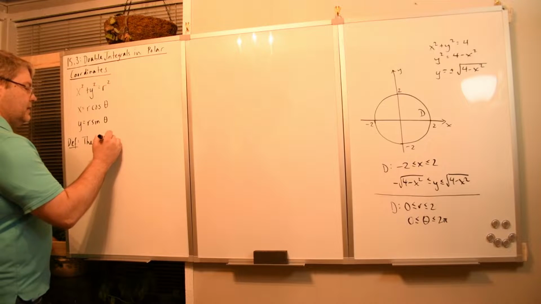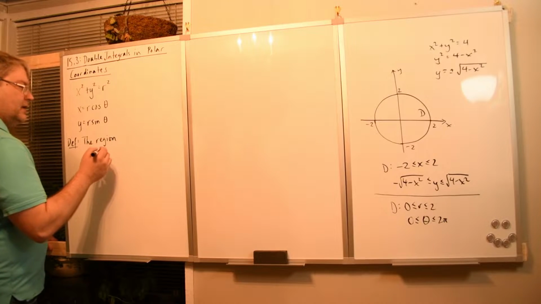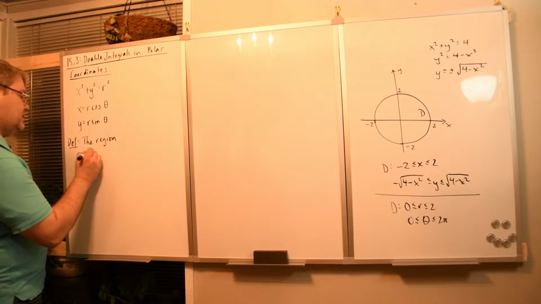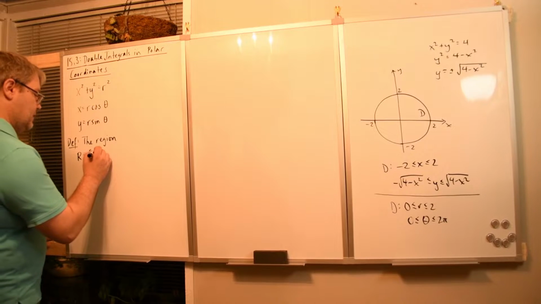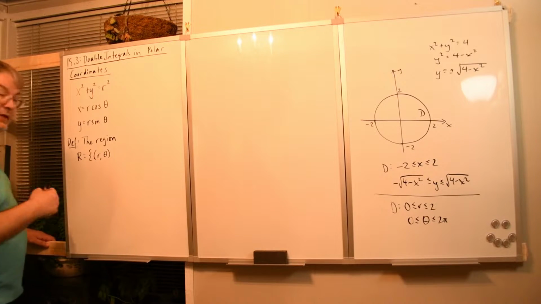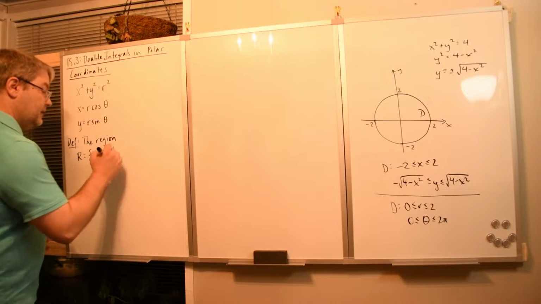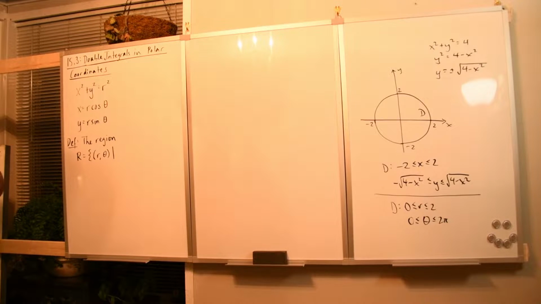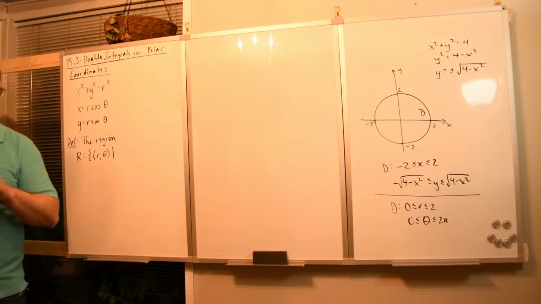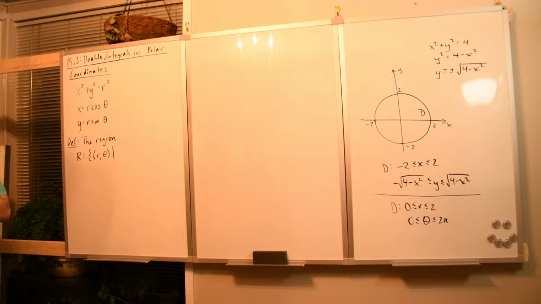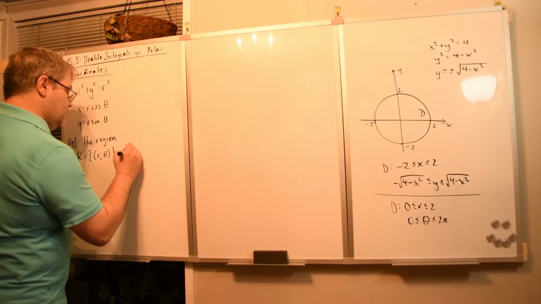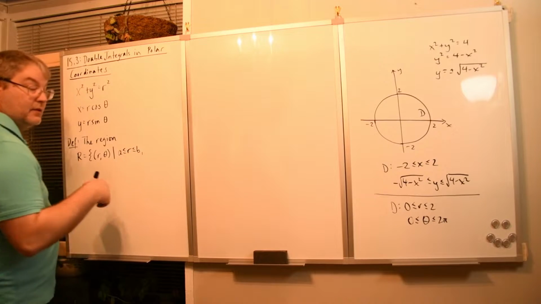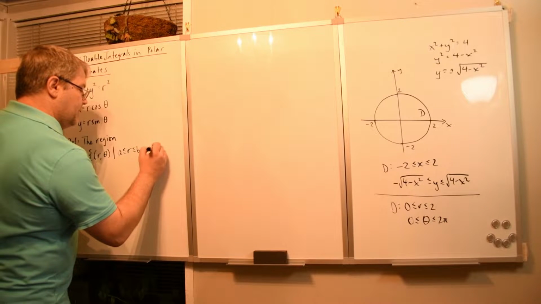You're going to call it R. R is going to be a set of all points (r, theta) such that we're going to have constant bounds on r, and we're going to have constant bounds on theta. The bounds on r we're going to call a and b, and the bounds on theta we're going to call alpha and beta.